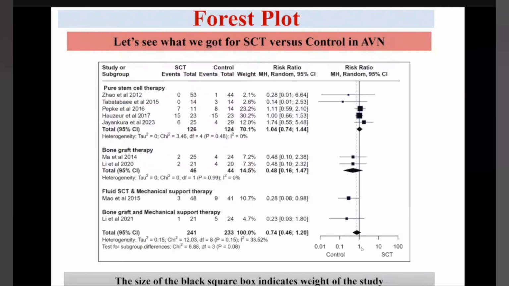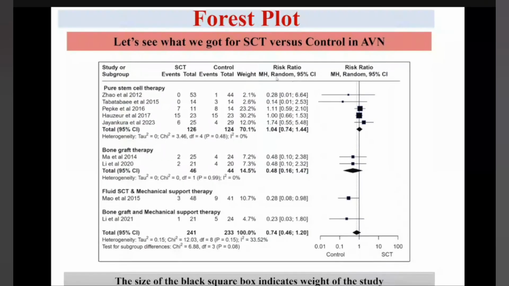When it comes to a continuous outcome, like when we are checking the pain score, the pain score might be 2, 2.5, 3, 3.5. If after adding some intervention pain decreases from 3 to 4 points, it is a continuous outcome. At that time, the central line of null effect, instead of 1, would be 0.